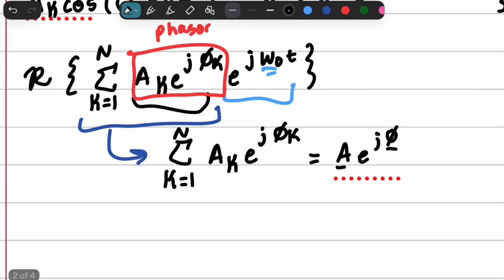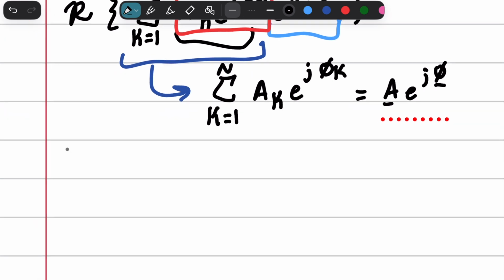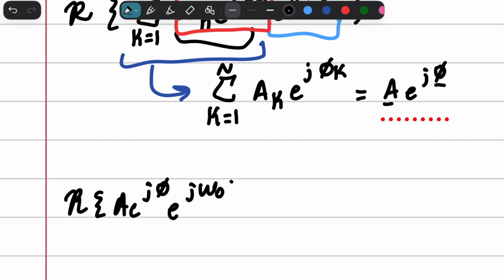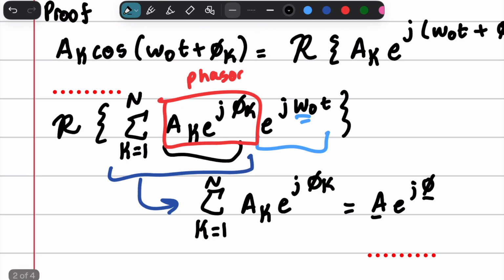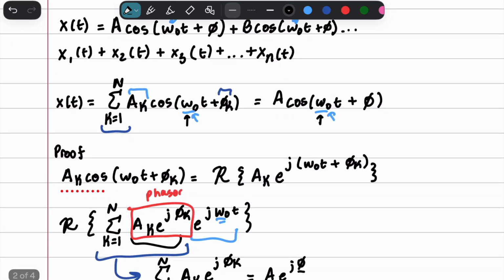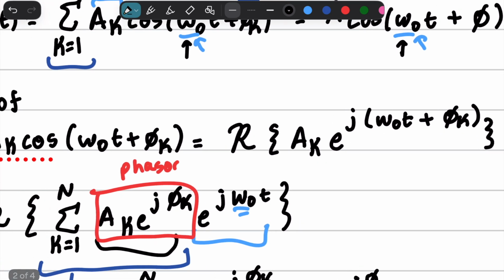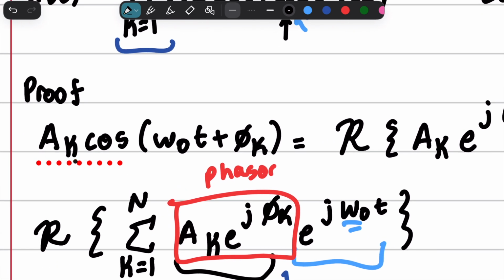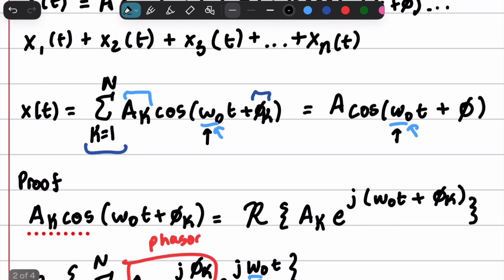And then after that, we get the real part of a e to the j phi, e to the j omega naught t. And we know what this is, right? We had that just up here. Actually, we didn't say that yet.